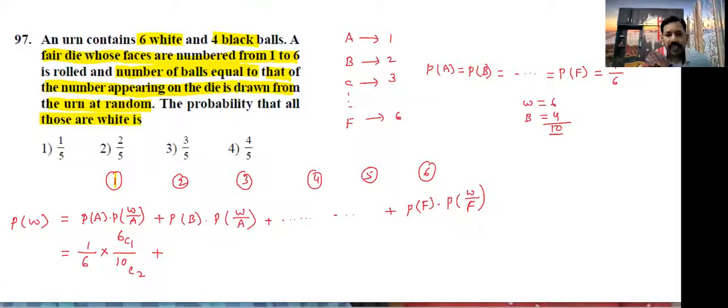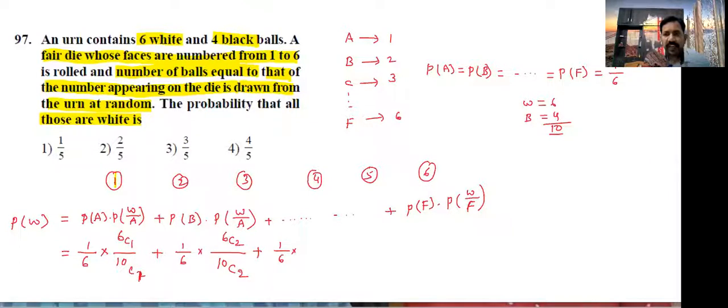Now go to the second draw. The probability of getting number 2 is 1 by 6. Now we want to select two balls, that is, out of 10 balls, draw 2 balls, those being white color only. Plus third draw, 1 by 6.